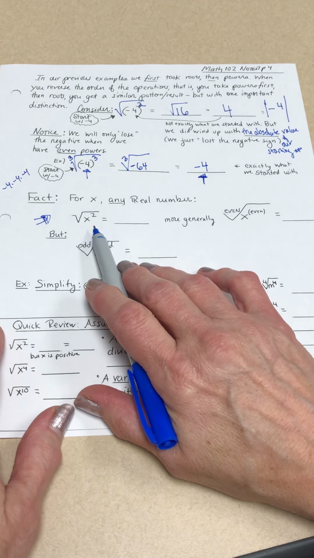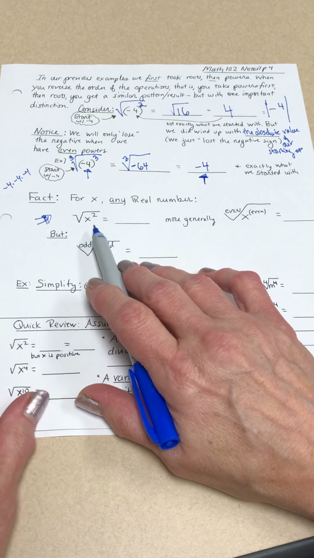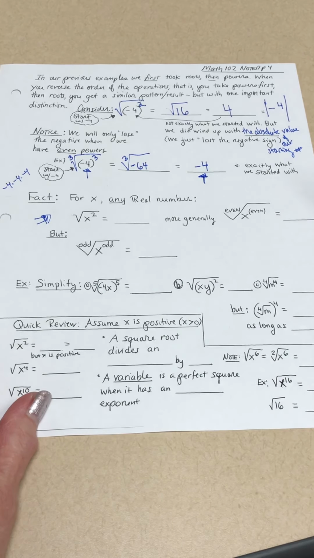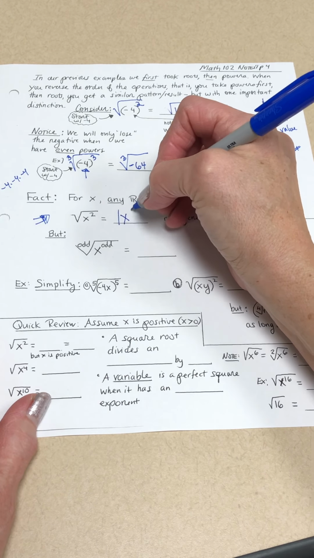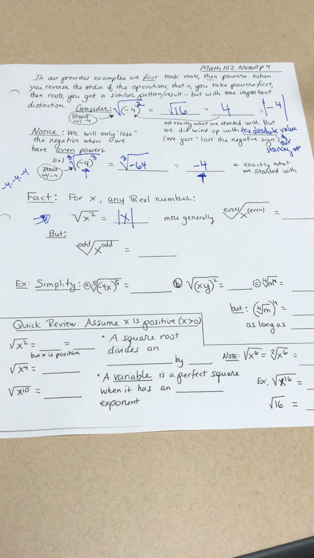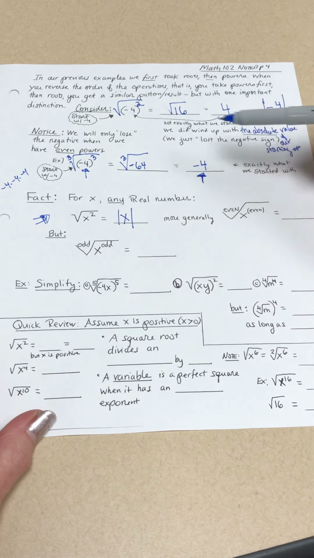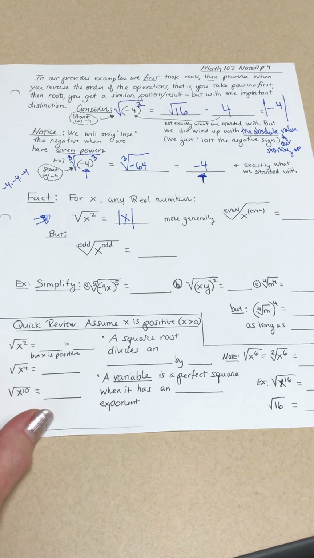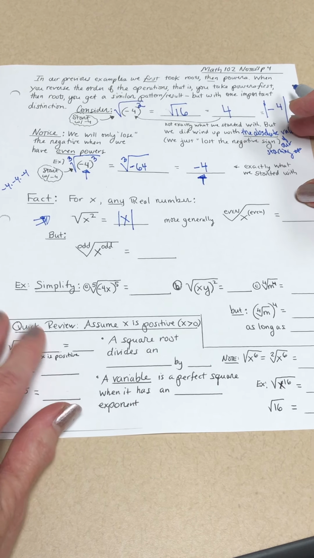If x is any real number, you don't know if it's positive or negative. When you take the square root of x squared, you might get x back if x is positive, but you might only get the absolute value of x back. Since we don't know what x is, the best we can really say is the square root of x squared is the absolute value of x. And this will actually become important when we solve some equations.